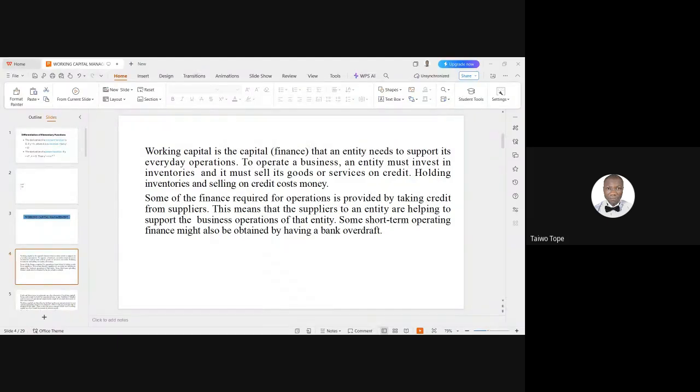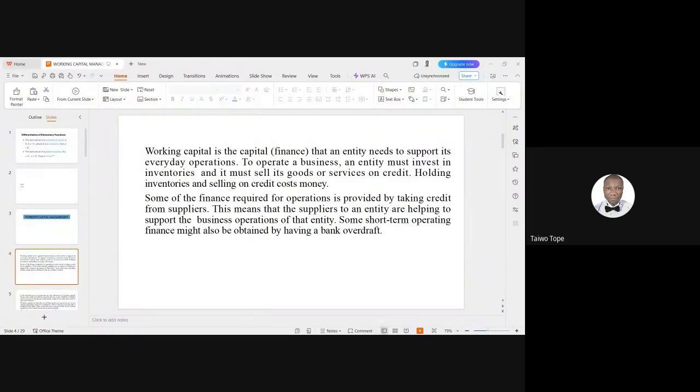Now, when we talk about working capital, the concept varies based on businesses. There are certain factors affecting the components of working capital based on the business line you find yourself. What are some of the factors that can affect working capital?